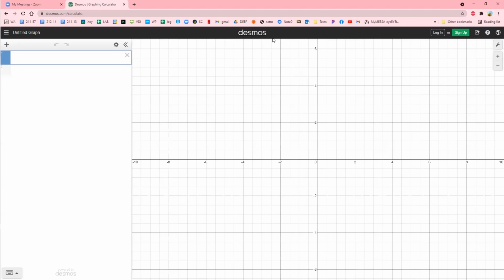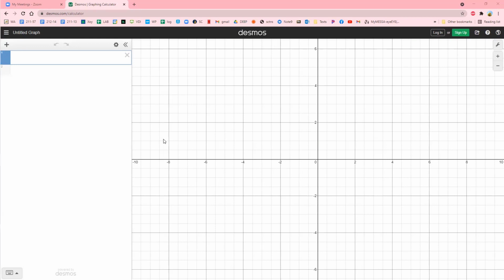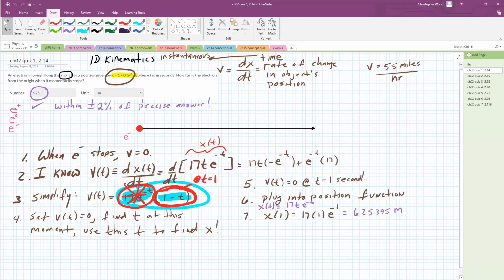So everyone's now up and running with Desmos. Let's go ahead and graph your function. I'm going to use my function, and you're going to use your function. For me, my position function is 17t e to the minus t, and I want to see what that looks like graphically.